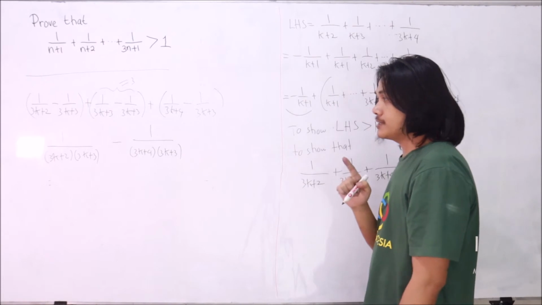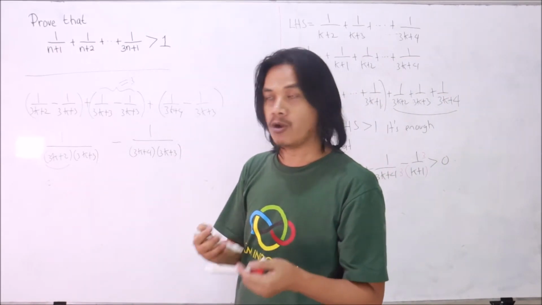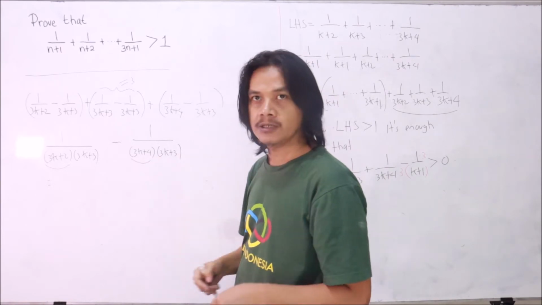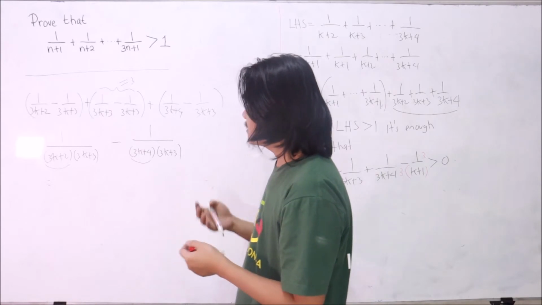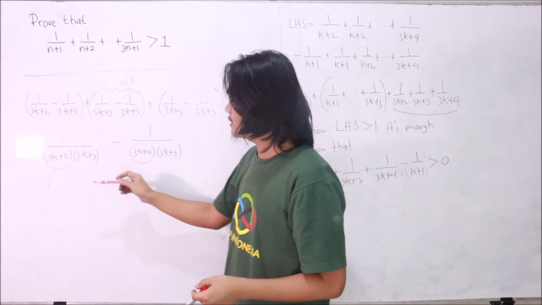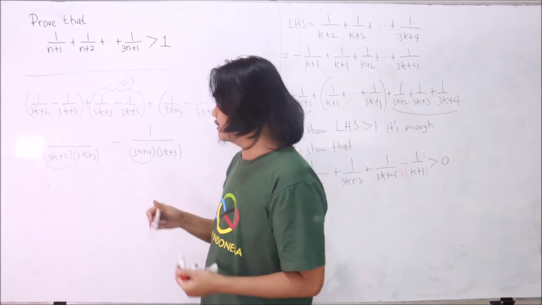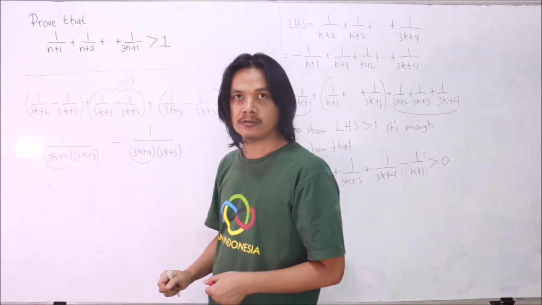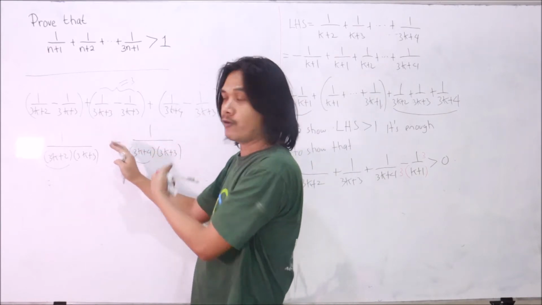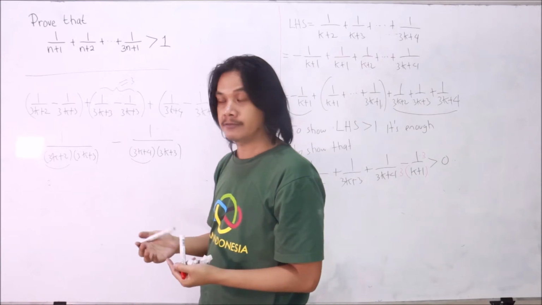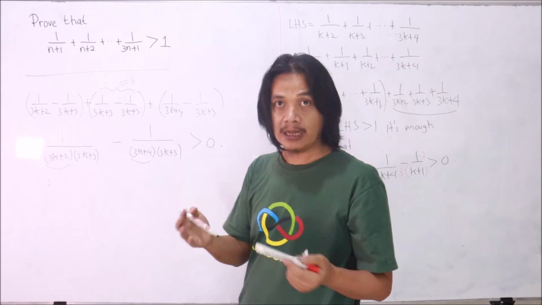Okay. Now notice that this 3k plus 2 is smaller than 3k plus 4. So what does that information help us? So it means that 1 over 3k plus 2 will be bigger than 1 over 3k plus 4. Okay, so this expression is bigger than this expression. Therefore, the difference is positive. Okay, so we are done.